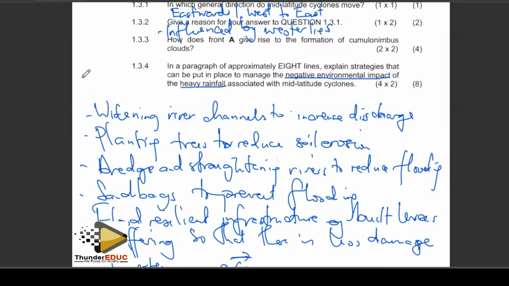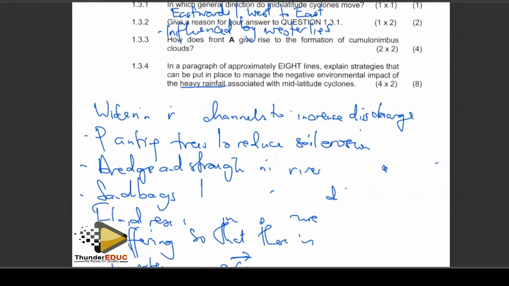We do not interfere with the activities of the river. It means we will manage the river and it will be able to effectively flow without causing negative implications on the environment. So basically, that is how you can attempt to answer that question, right?